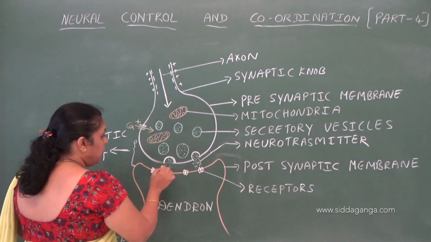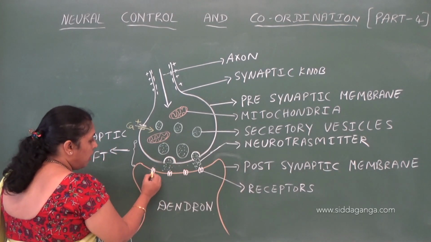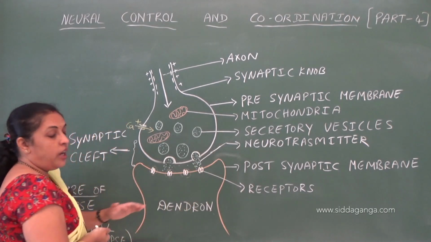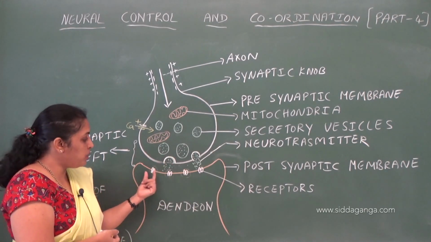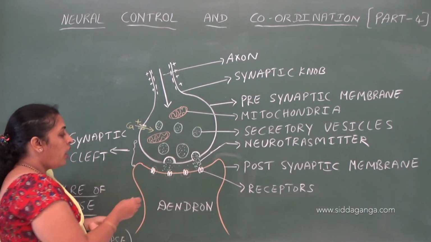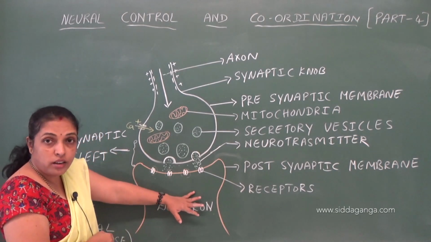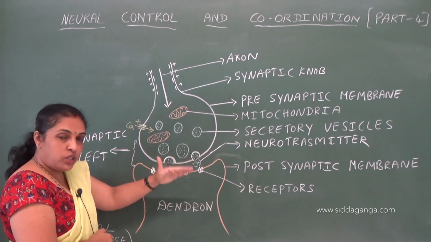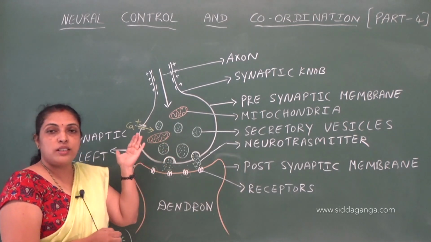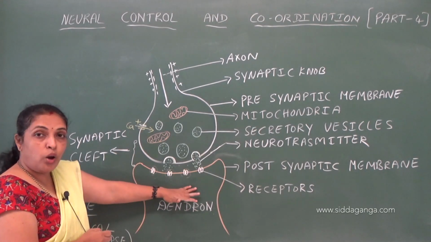The neurotransmitters released in the synaptic cleft will come and adhere to the receptors present on the dendron, and action potential will be regenerated in the dendron. From the dendron till the axon terminal, it will be conducted the same way as we discussed in the previous class. So, this is how it functions.